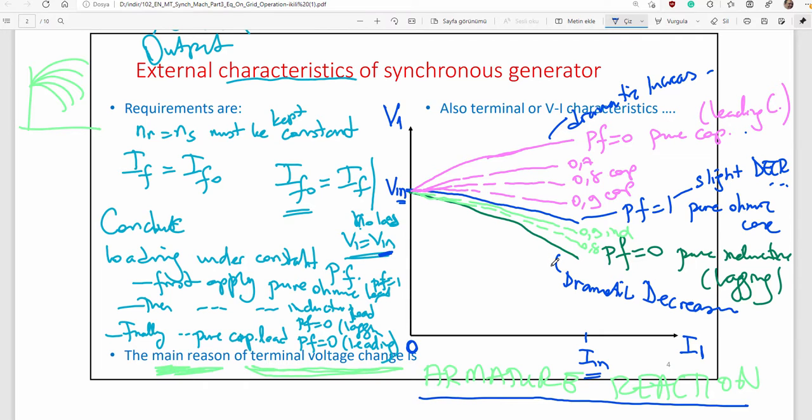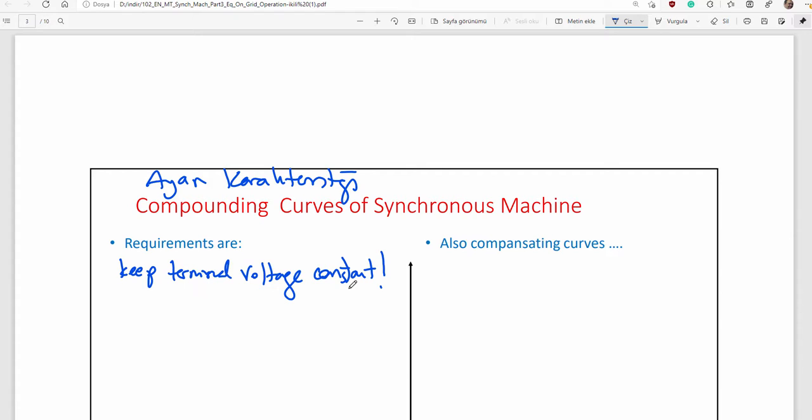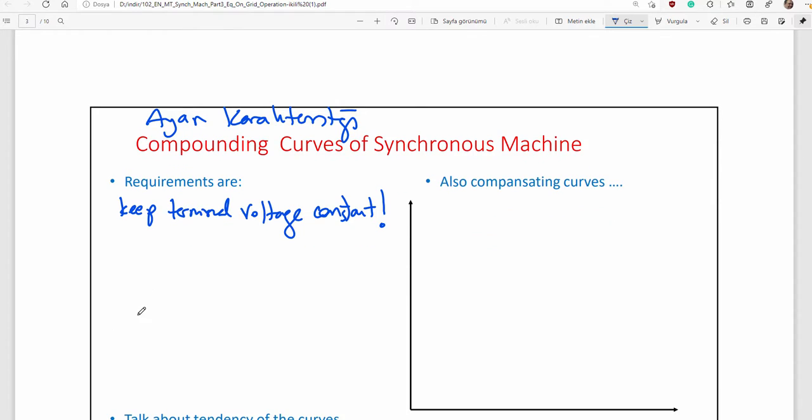Now, please, ladies and gentlemen, find a method to compensate that voltage change, to keep it constant. What would be the method to keep terminal voltage constant? You should keep it constant.